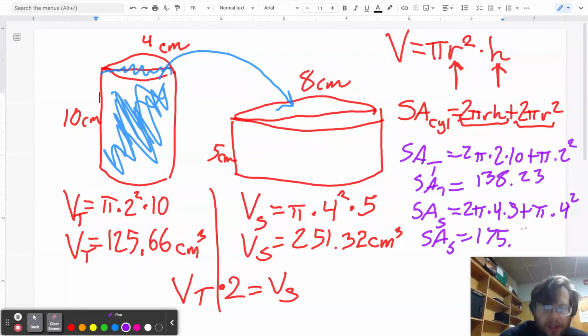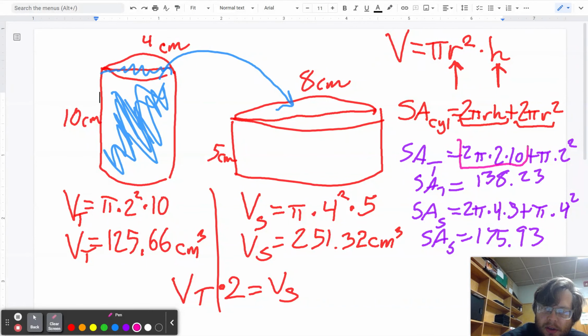It turns out again to be bigger because just like before, we are using the r squared part. So changing the r is going to have a bigger impact than changing the height. It does turn out, however, that this part is equal to this part.